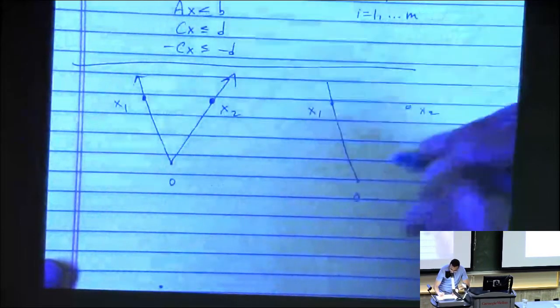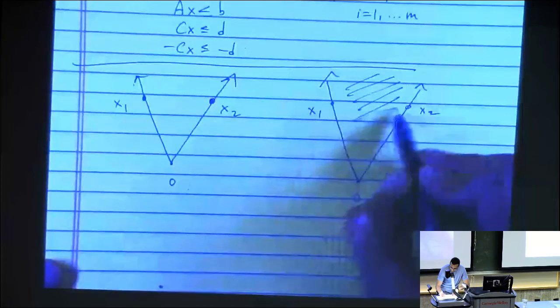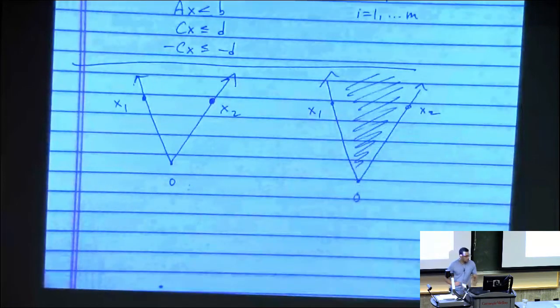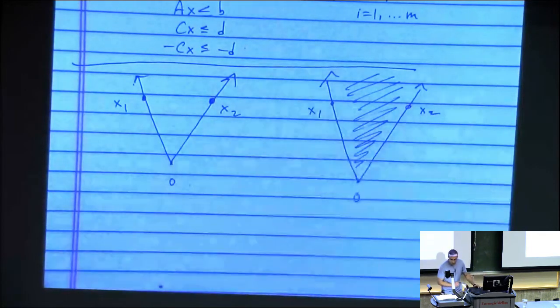The conic hull would be this guy. Right, because I'm allowed to take theta 1 x1 plus theta 2 x2. So I'm allowed to get things in the middle as well.